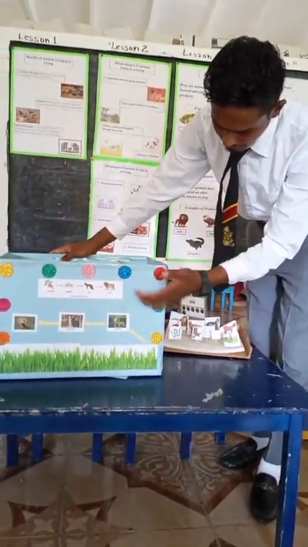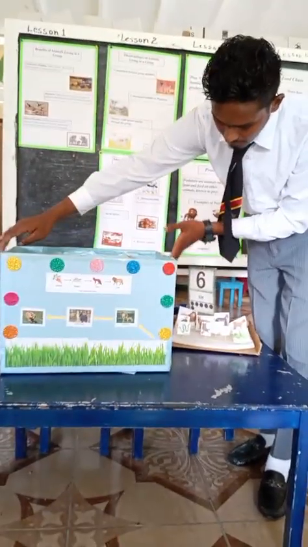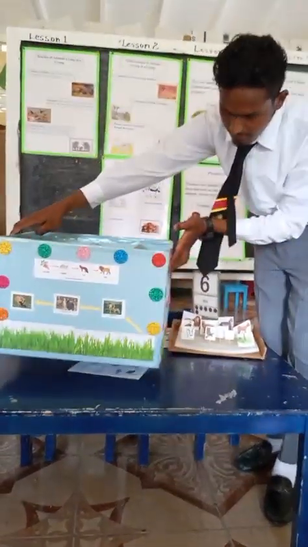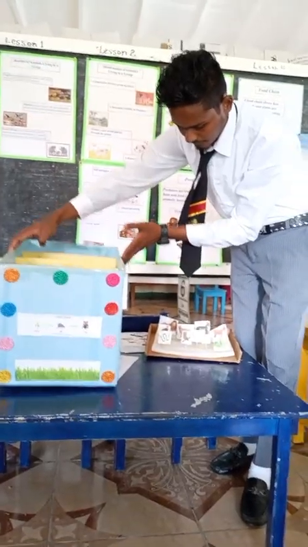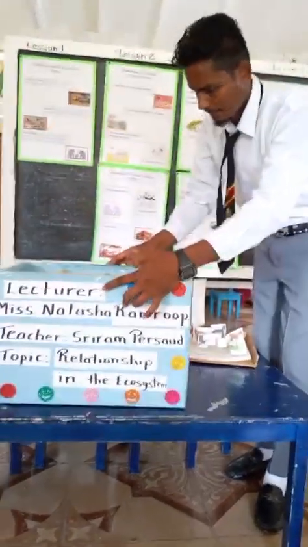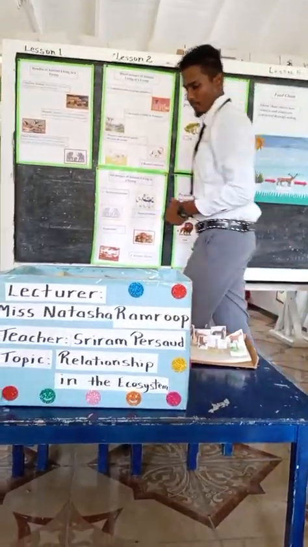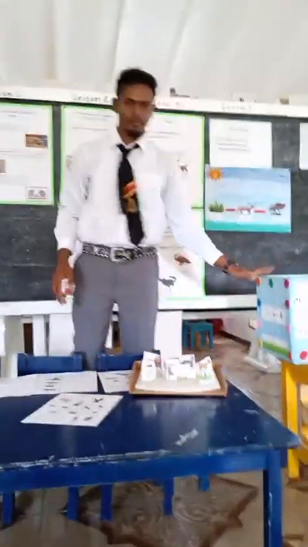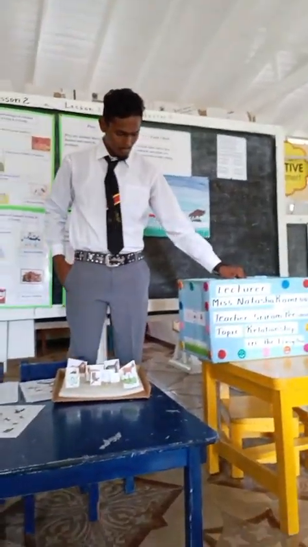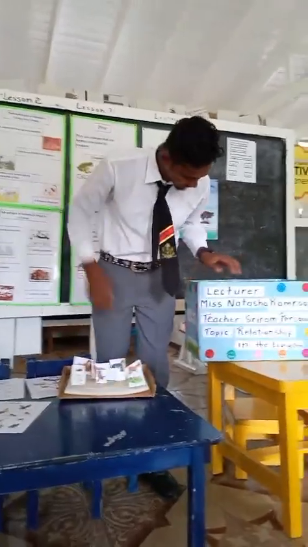Here I have a food chain, pictures of a food chain, with grass at the bottom. This was the individual study kit that I made out of cardboard. The pictures here for the study kit, I printed out.